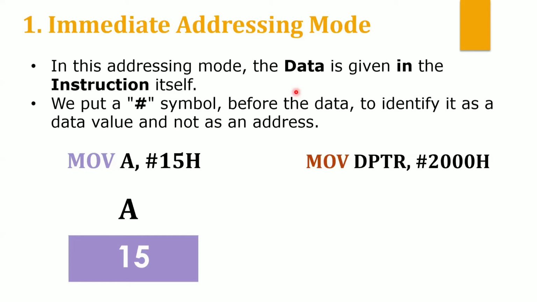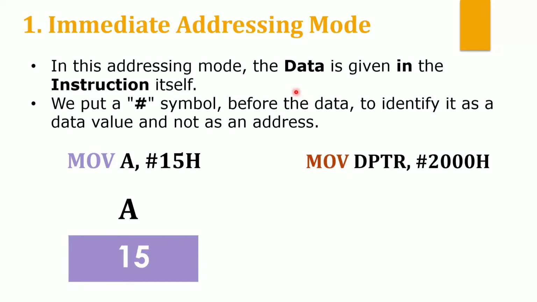Okay. If you paid attention to my last lectures on the register organization of the 8051 microcontroller, what is meant by DPTR? Data pointer. Data pointer means it is pointing to the data present in the external memory. Whenever you want to get data from the external memory, we can use the DPTR. Now if you want to store a value in the DPTR, you need to initialize it.